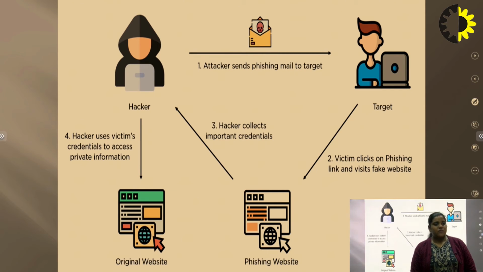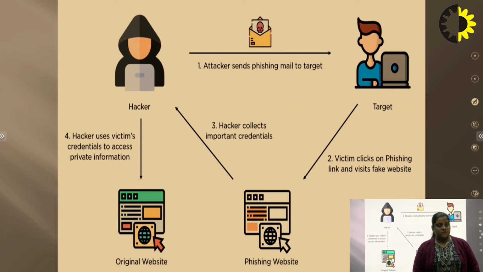They also insert a suspicious link or attachment in that email, and whenever a user clicks on that link, the attacker is able to steal their information. With the help of that information, they can demand a ransom, or they may also be able to hack their system to steal some money.